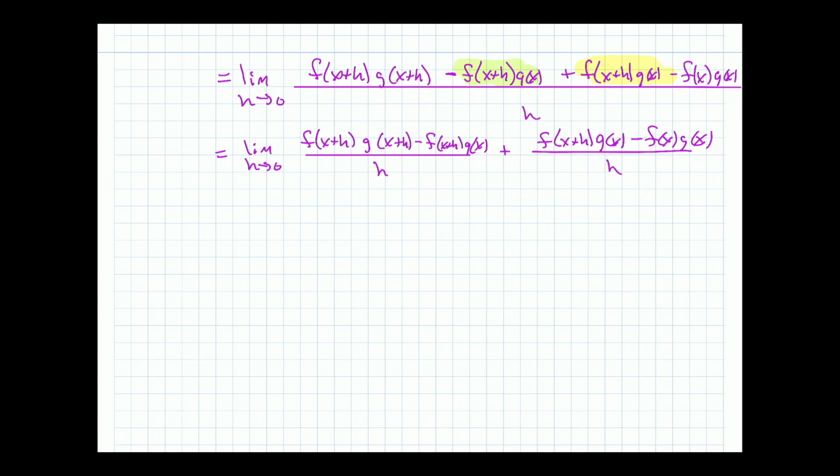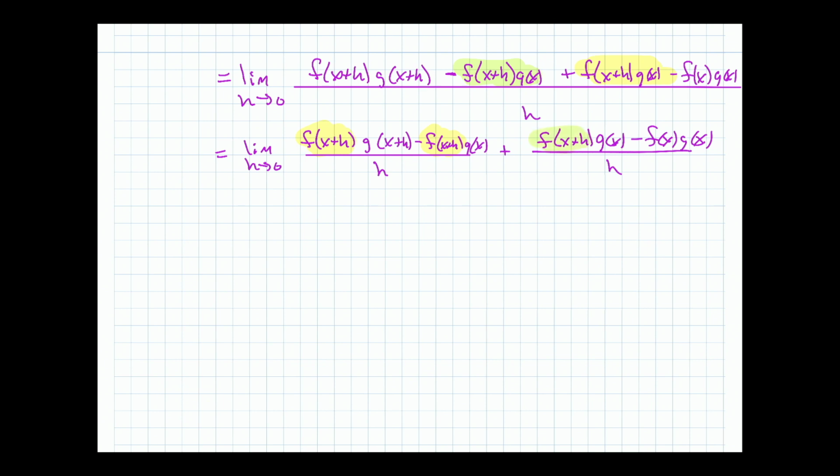I think it actually doesn't matter which way I did it, by the way, in terms of deciding what I wanted to add and subtract. I know that this is hard to read right here, but this term and this term are supposed to be the same.